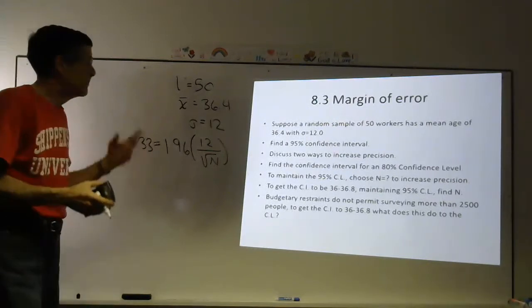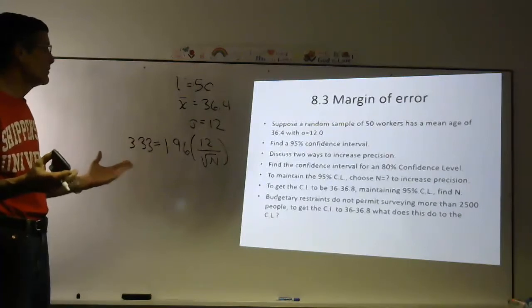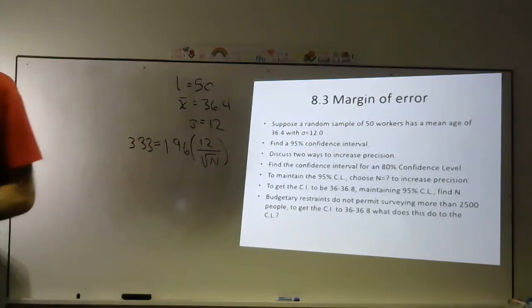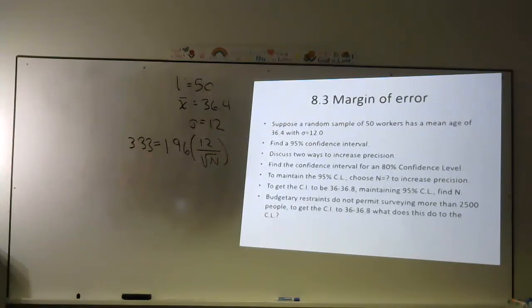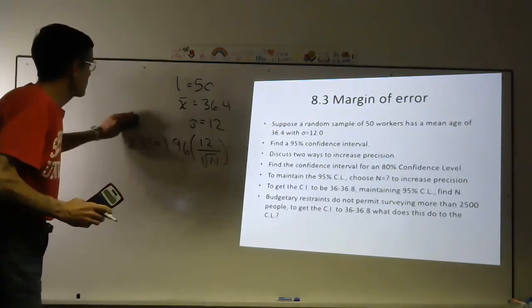All right, but what do we want to do? We want to increase precision here, okay? So if we want to increase precision, we want to get it down where the range is going to be tighter. Okay, so to get it tighter and increase precision, this can no longer be 3.33.